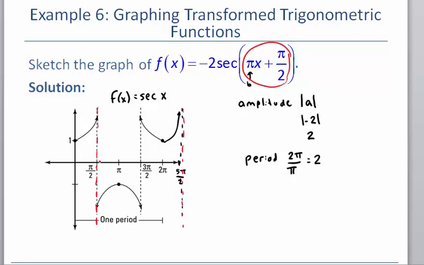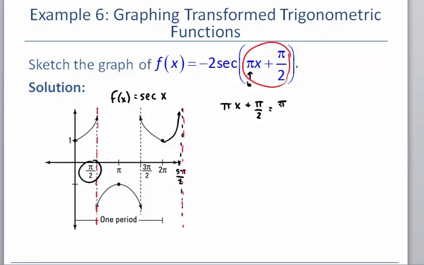To take that and set it equal to the starting and ending points of your original graph. So in other words, we're going to take pi x plus pi over 2, and we're going to set it equal to pi over 2. Because on my original graph, that is where I'm starting the original graph. So let's calculate this. We're going to solve this for x. So I'm going to subtract pi over 2 from both sides.